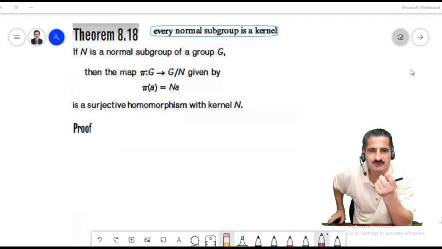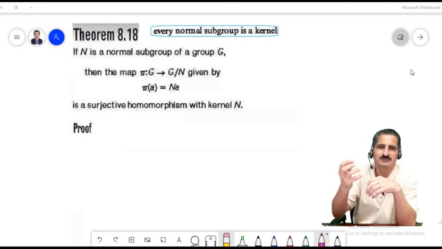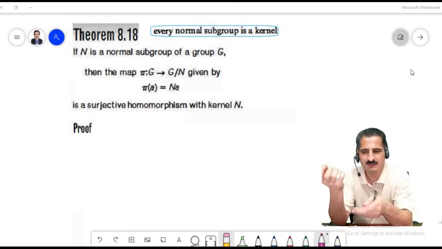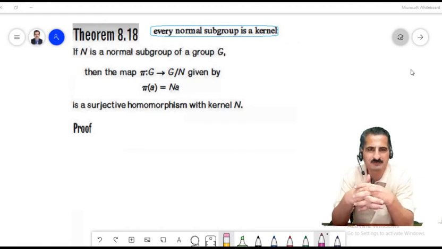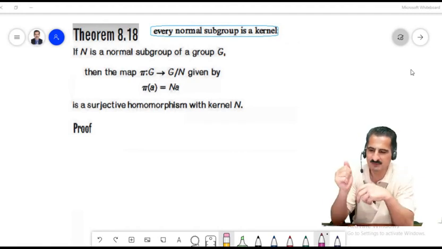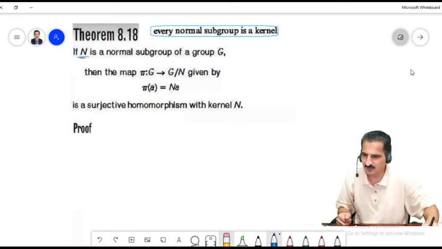I can show you that this normal subgroup comes out as the kernel of some homomorphism. So with these two results, the one we already have and the one we are going to prove now, theorem 8.18, normal subgroups are equivalent to being kernels. So normal subgroups come out of kernels. Let N be a normal subgroup. We start with a normal subgroup of G.